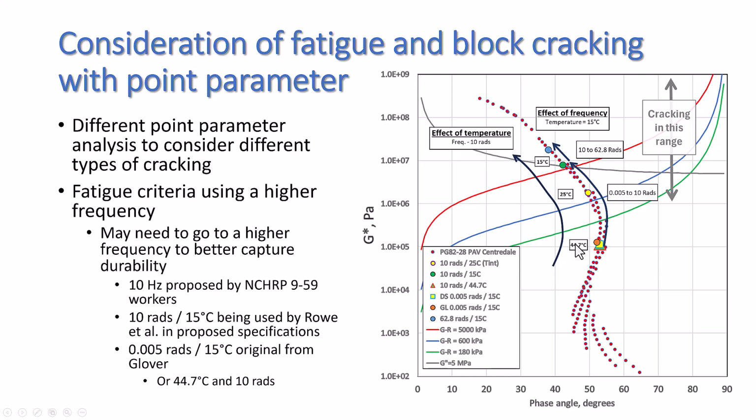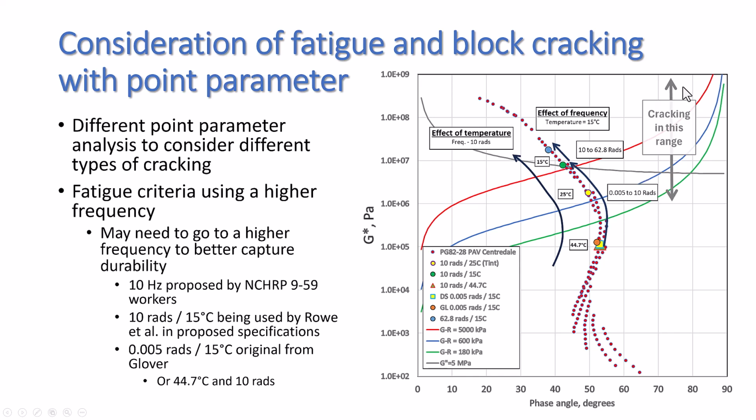So this is 44.7, 25, and 15. So you can play with this curve and where you want to be on this curve by changing the temperature or changing the frequency. My feeling is that 15 degrees C and 10 radians a second gets us in the right place.